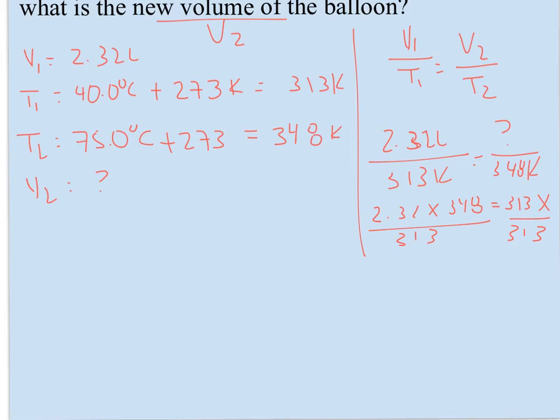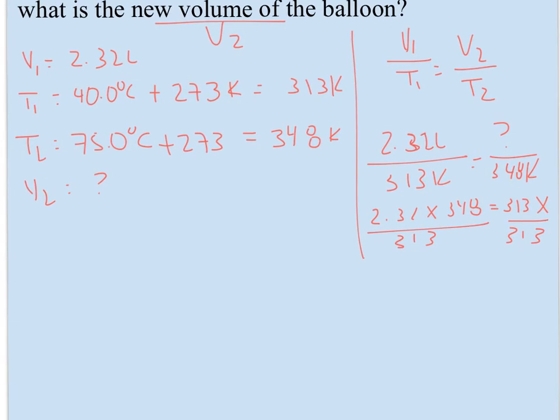If my temperature is increasing, since this is a direct relationship, I should see an increase in my volume as well. And when I plug the numbers in here, I do see an increase in volume to 2.58. And again, it has to match my original label for volume. So 2.58 liters.